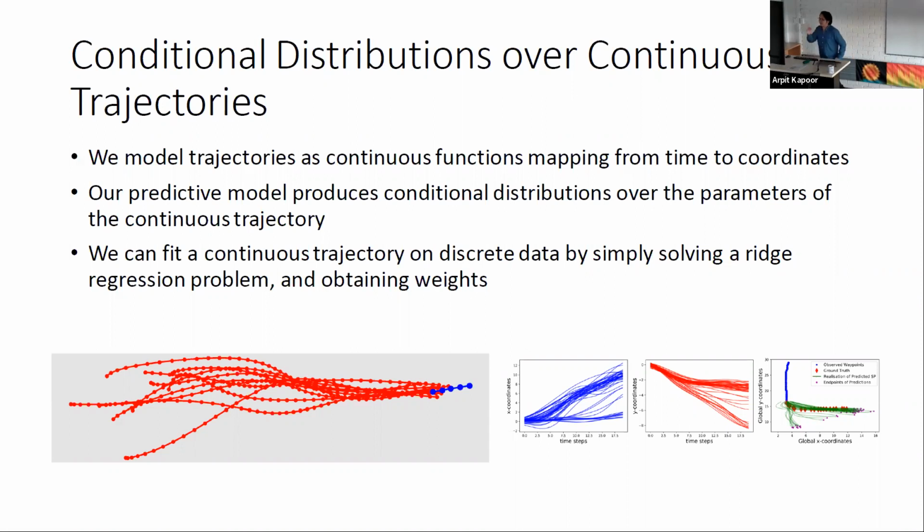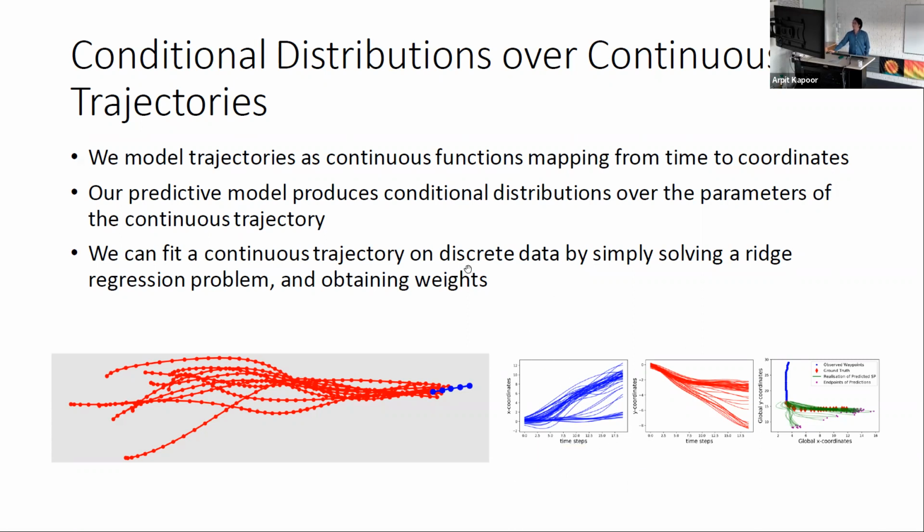And we basically did the same trick as we did with the continuous maps, right? You have a bunch of basis functions, and you have weights on those basis functions. And you can concisely represent a trajectory via its weights.